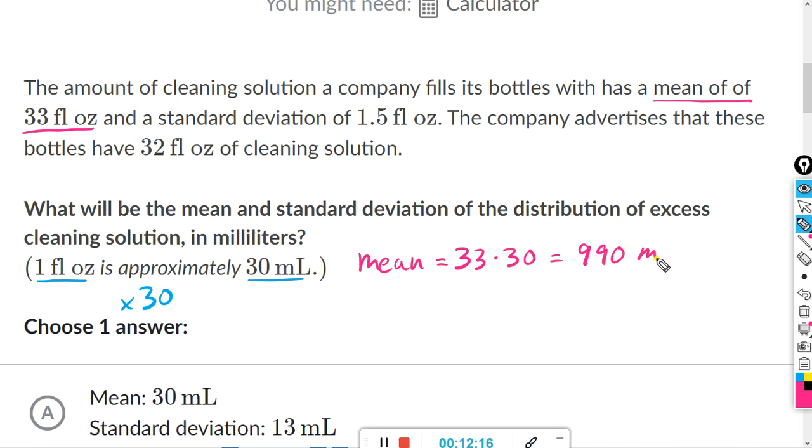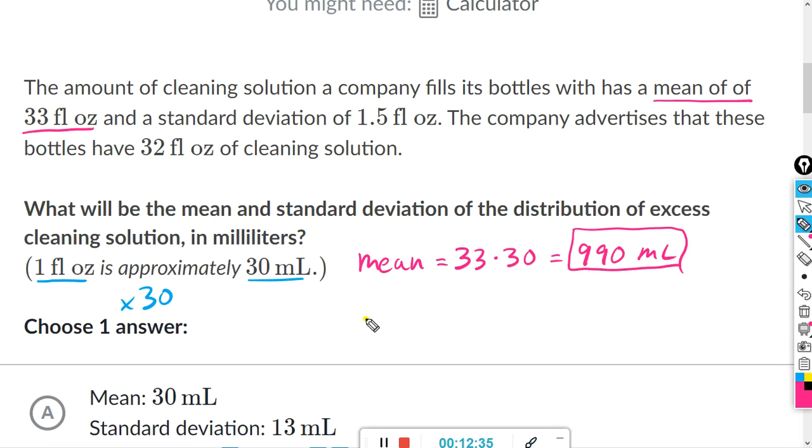So that's going to be 990 milliliters. Remember, for the mean, if you're multiplying the whole data set by a number, the mean changes by exactly that amount. So I just took the mean and multiplied it by 30.